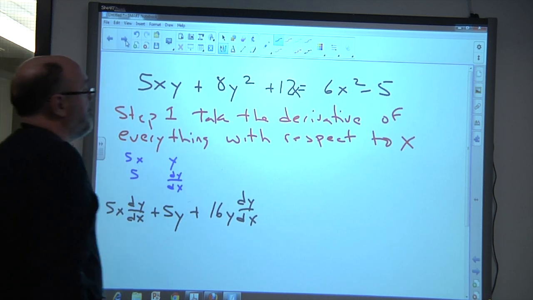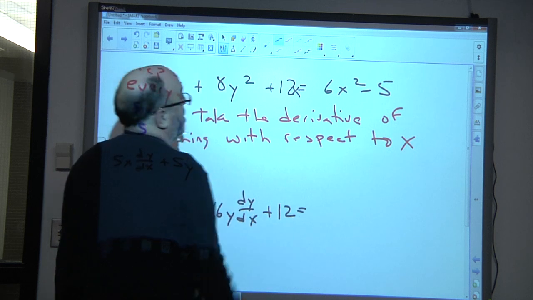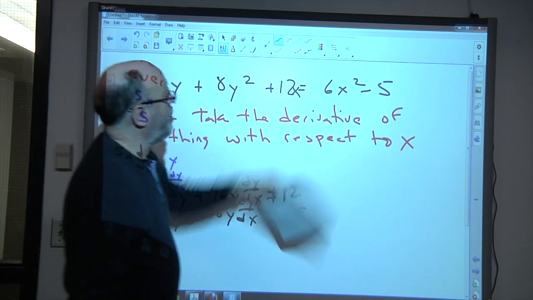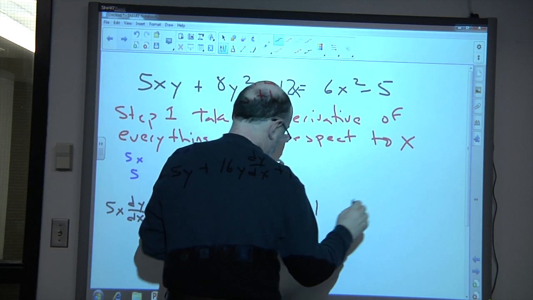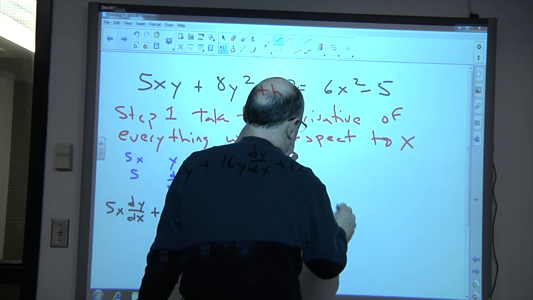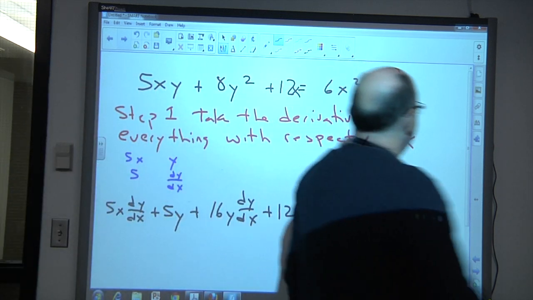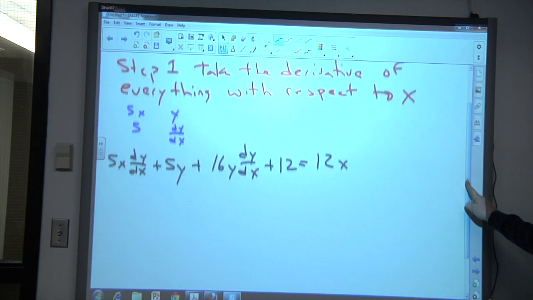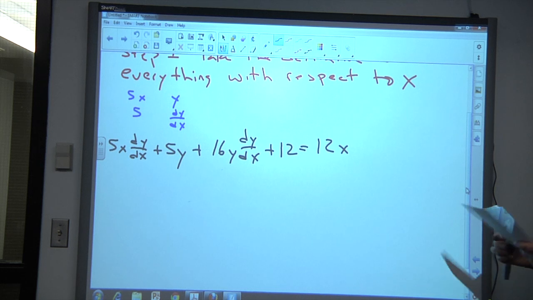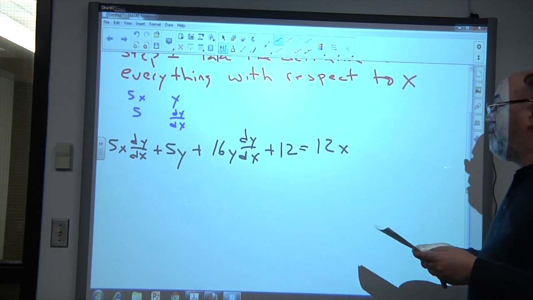Make sure you get it. And so the derivative of 12x is 12. And then the derivative of this piece will be 12x. Okay. So first step, take the derivative of everything with respect to x. Again, all the rules apply that we had before. And so we get this piece. Right?